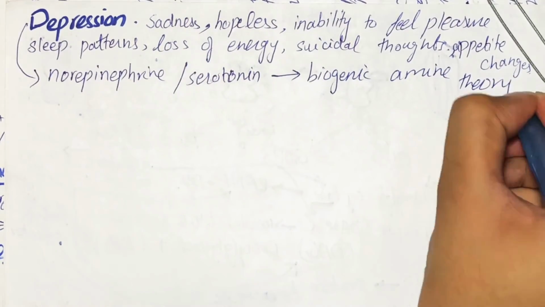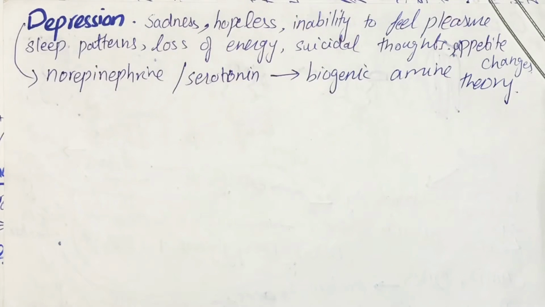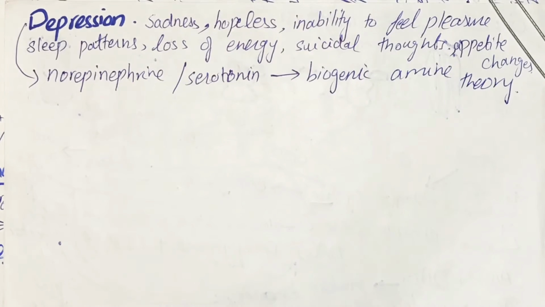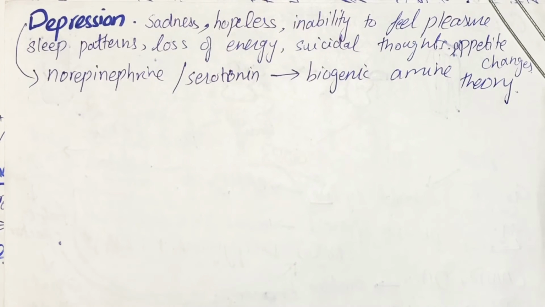According to this theory, it is said that depression is due to deficiency of these two monoamines at certain sites of the brain. But this theory is actually overly simplified, because after taking an antidepressant drug, this thing is immediately recovered, but the therapeutic response of the patient takes several weeks.